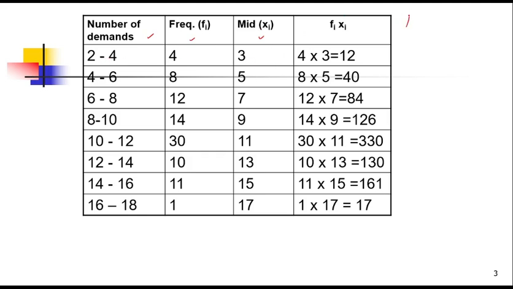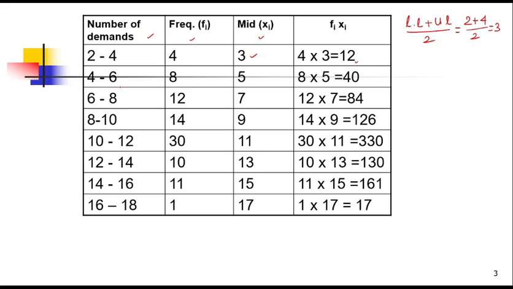It is lower limit plus upper limit of the class, divided by 2. For the first class, the lower limit is 2 and the upper limit is 4, so 2 plus 4 divided by 2 comes out to be 3. So this is how we get 3 here, and then 4 into 3 equals 12.